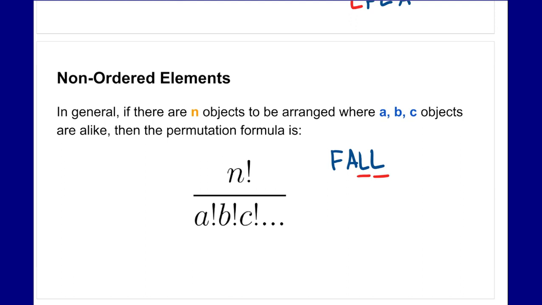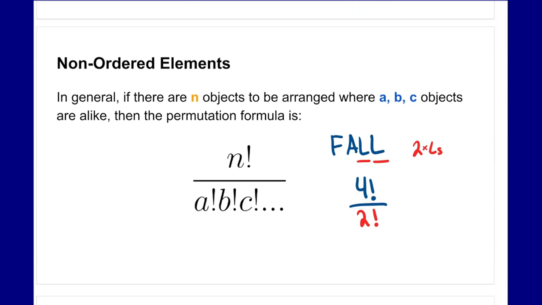If all the items were unique, it would be 4 factorial, but I'm going to divide by the number of objects that are the same, which in this case is 2 factorial. So 4 factorial divided by 2 factorial gives me the number of arrangements, because I have 2 L's.